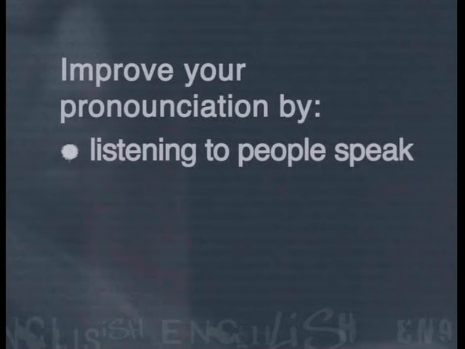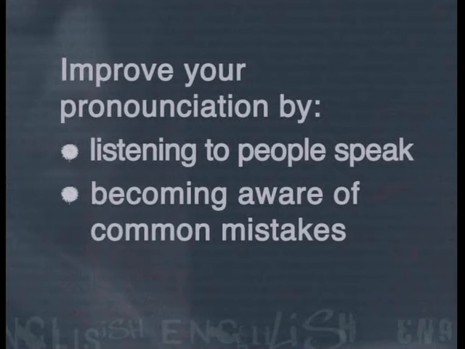Another way of improving your pronunciation is to become aware of common mistakes. In South Africa, the word create is often mispronounced as create, and the word 70 is often mispronounced as 70. Becoming aware of these mispronunciations will help stop you from mispronouncing these words yourself.